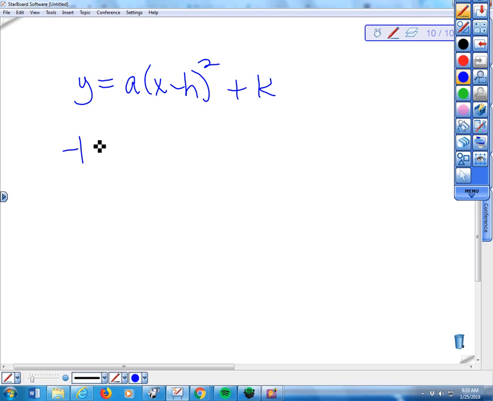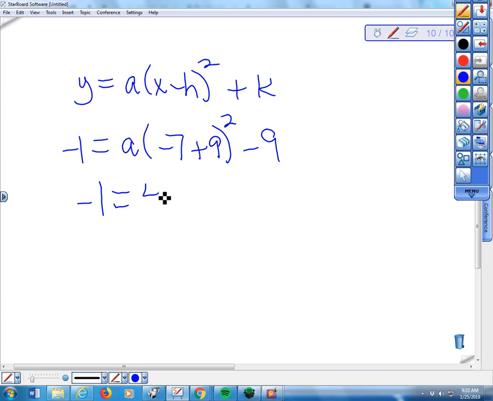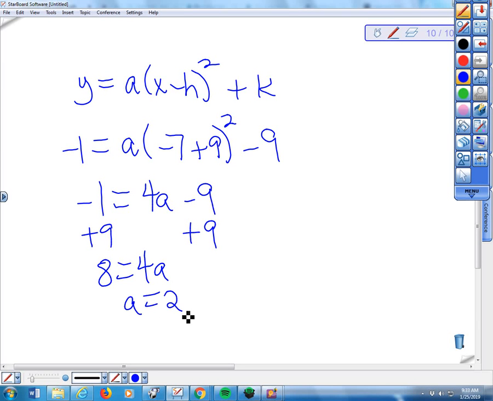Negative 1 equals a times negative 7 plus 9, squared, minus 9. And now I've got to solve for a. Negative 7 plus 9 is 2. 2 squared is 4. Add 9. 8 equals 4a. A equals 2. So my formula is y equals 2 times x plus 9 squared minus 9.